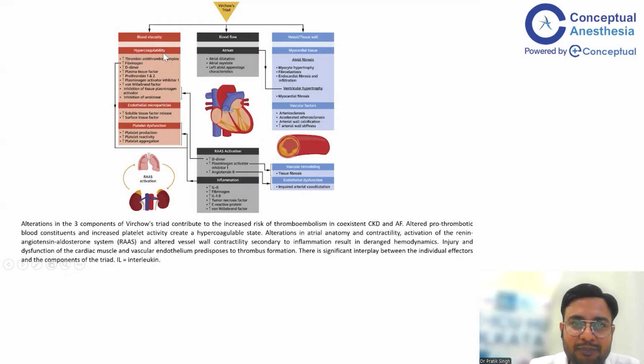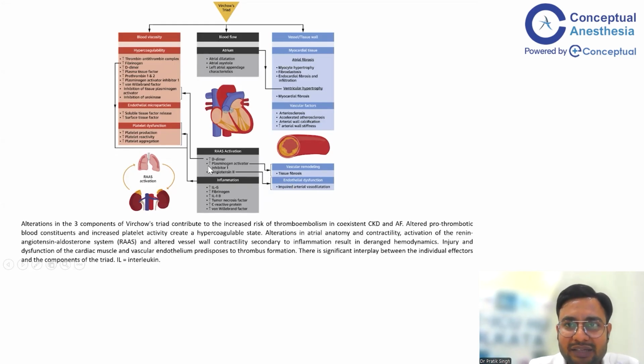So what happens? With hypercoagulability, the thrombin-antithrombin complex increases, fibrinogen increases, D-dimer increases, and so on. Endothelial microparticles like soluble tissue factor and surface tissue factor are released, and platelet dysfunction happens. All of this leads to RAS activation in the body, and this causes endothelial dysfunction and vascular remodeling.